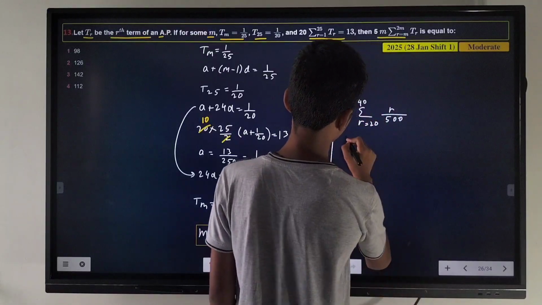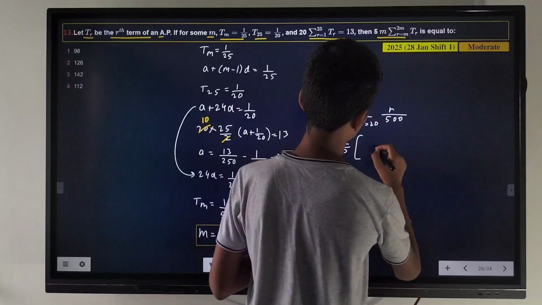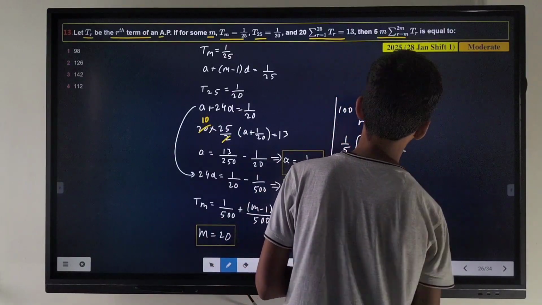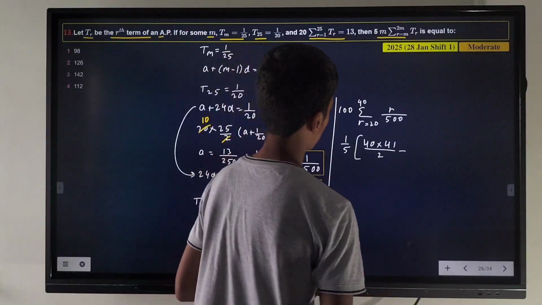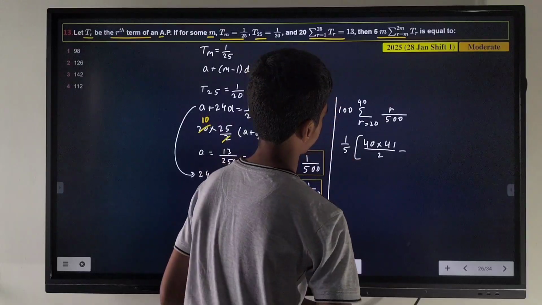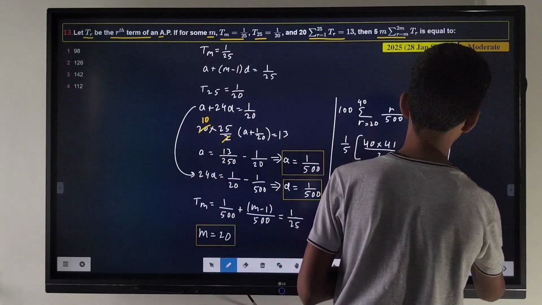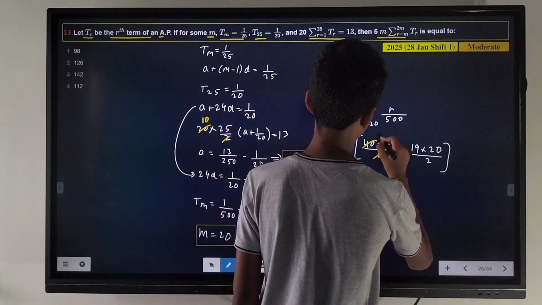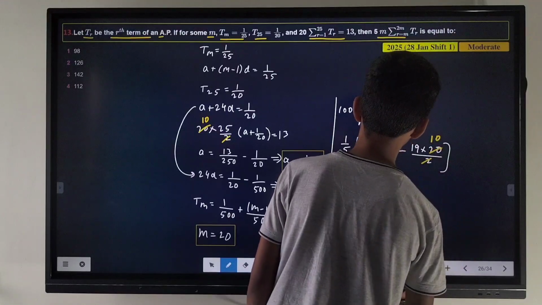So from here this will be 1 upon 5 into the sum of first 40 terms, 40 into 41 upon 2, minus the sum of 19 terms, sorry, because it is starting from 20, 19 into 20 upon 2. Here 2 will cancel 40 20 times, and 2 will cancel 20 10 times.